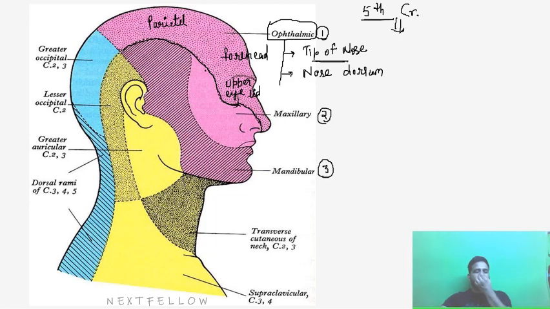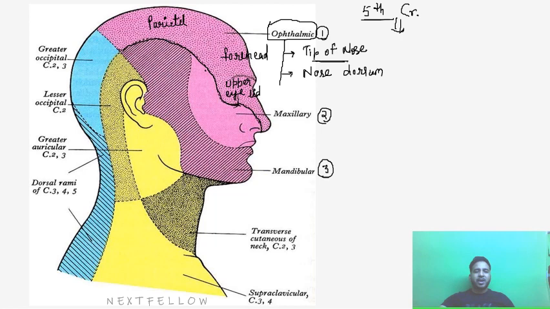These are the areas which are sensory supplied by the ophthalmic nerve. So important point, try to remember, tip of the nose, the upper eyelid, forehead and the parietal part. These are innervated by the ophthalmic division.